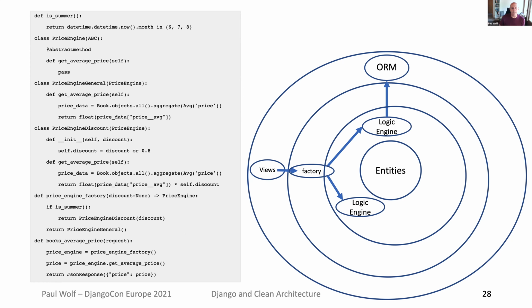I get the factory, or I get the pricing engine from the factory, which automatically selects whether it's a discounting price engine or not. And then I get the average price. And as you can see on the right, I'm really implementing this sense of abstraction using dependency injection, which you can see in the factory. I'm creating this object through an abstract interface. And this is kind of the main thing.